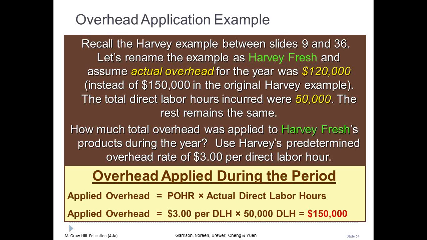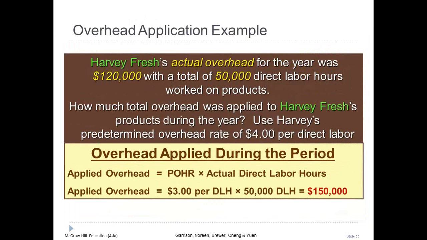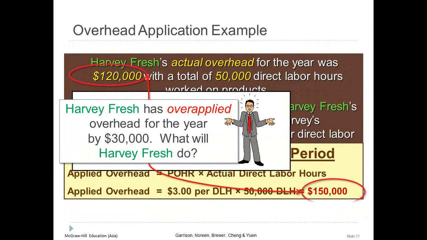You can start to see the problem. Harvey Fresh has actually overapplied the overhead. The difference between the overhead costs applied to work in process and the actual overhead costs of the period is termed underapplied or overapplied overhead.